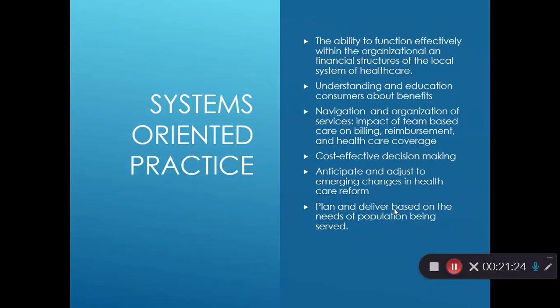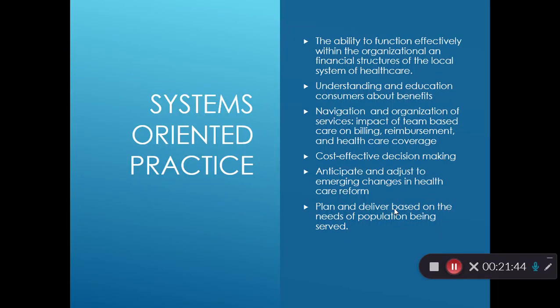Next, we have system-oriented practice. A system-oriented practice is just like when we think about client care and we talk about a systemic view, we talk about the interconnection. So your organization structure is just as much a system as a family is.